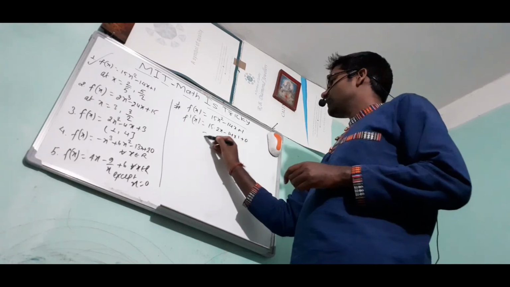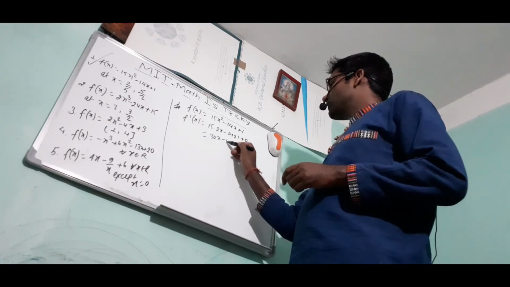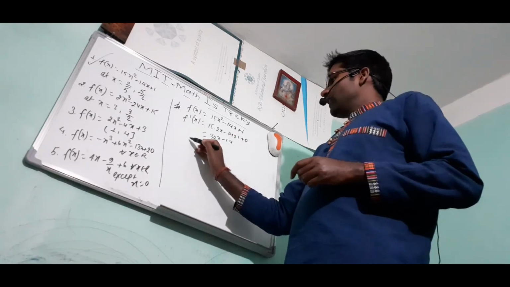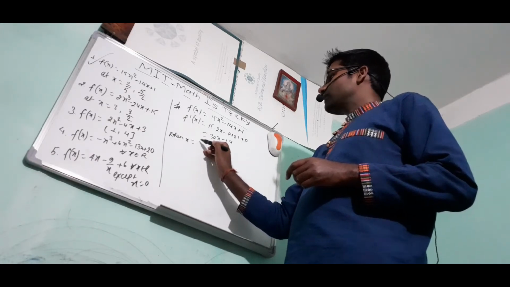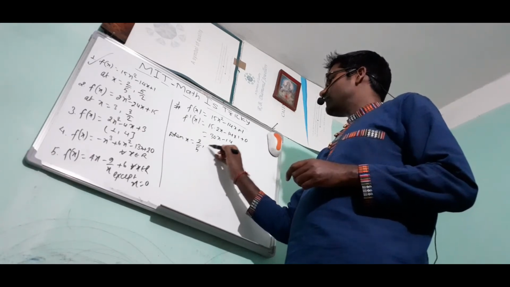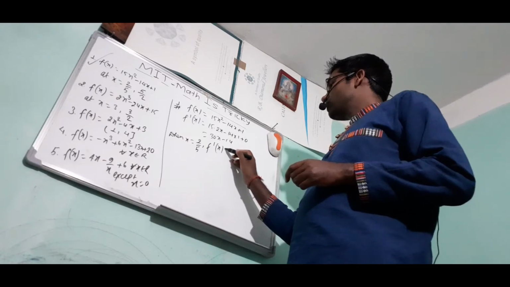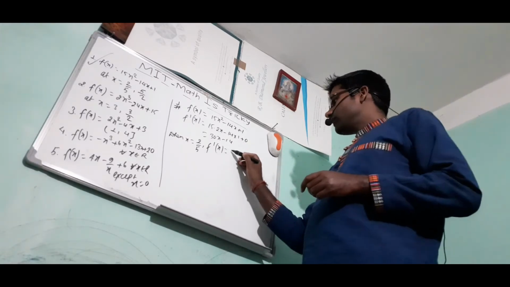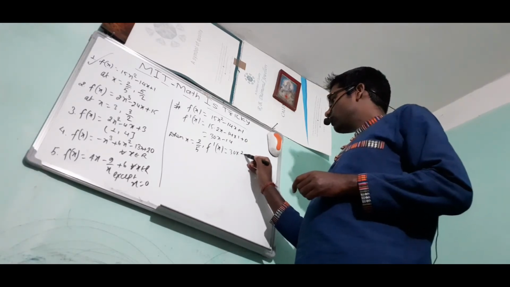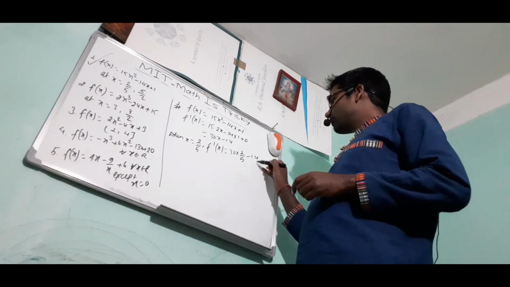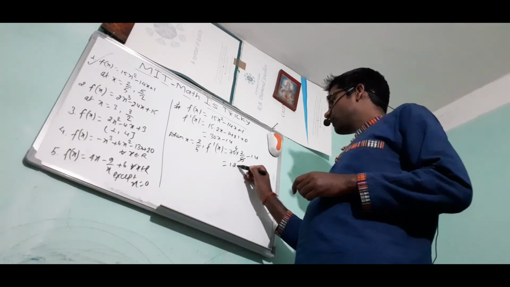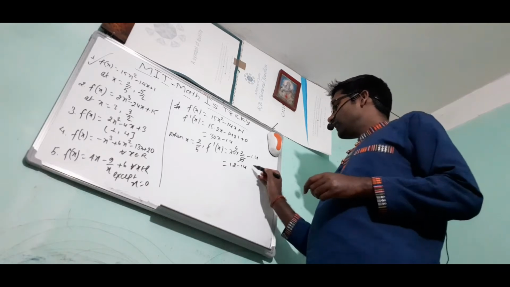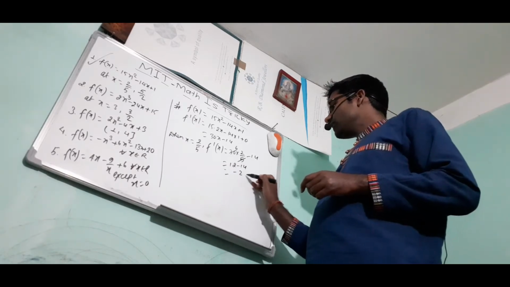So it is simply 30x minus 14. Now, when x equals 2 by 5, let's take the first derivative. So what is the value of the first derivative? 30 into 2 by 5 minus 14. It gives here 6 times 2, that means 12 minus 14, and it gives here minus 2.